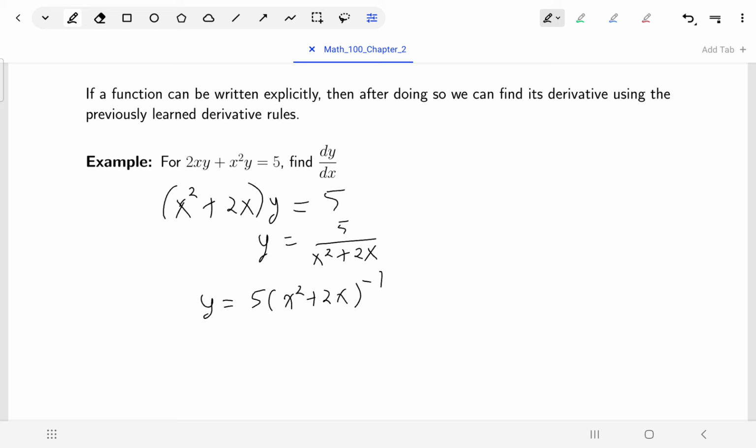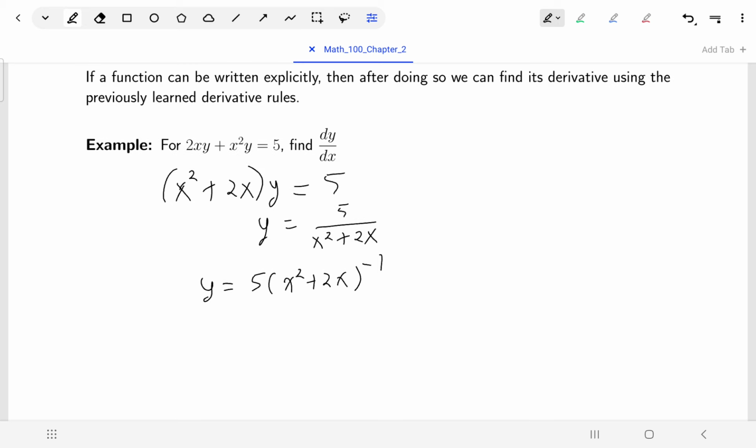And now that I've got it written in this form, when I find the derivative, it's just going to be a matter of using, like I said, chain rule and power rule. So dy dx, I'll leave that constant multiple 5 in the front. And then first, chain rule says I'll be dealing with the power first, then I'll deal with the inside after. Raised to the power of minus 1, power rule says the power will come down, the power will get reduced by 1.